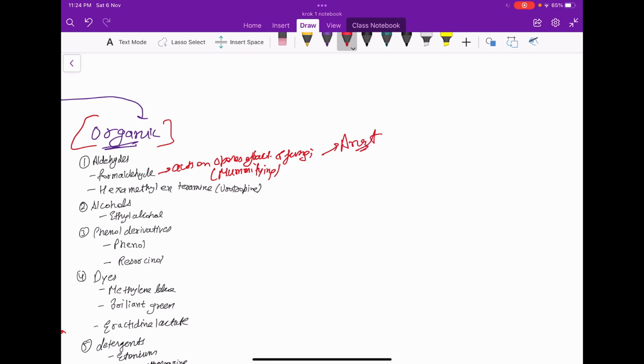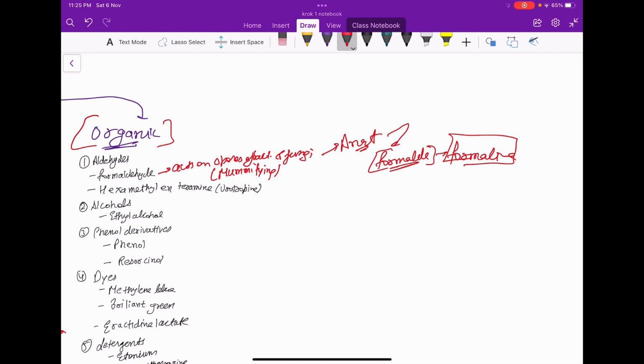The solution in which a cadaver is kept is nothing more than formaldehyde, or as it's well known, formalin. Remember.